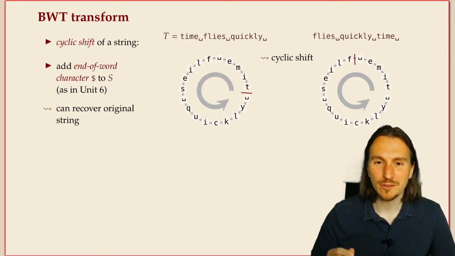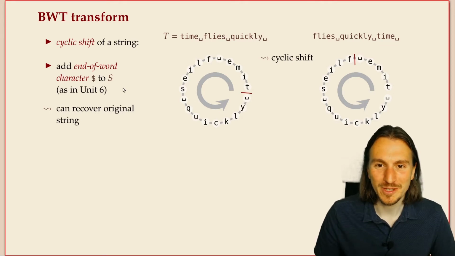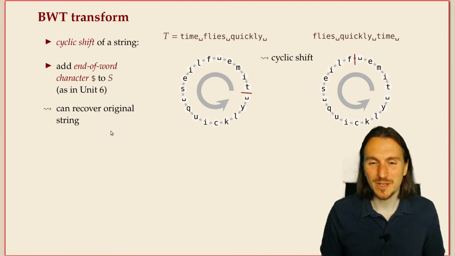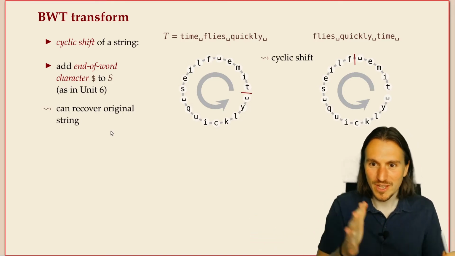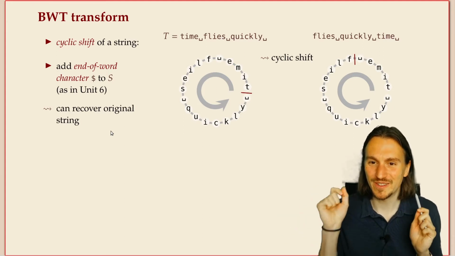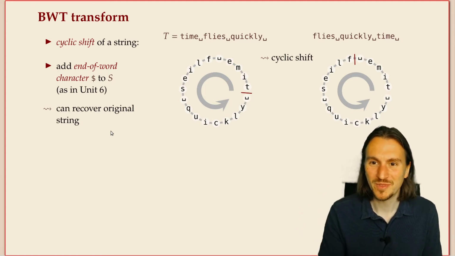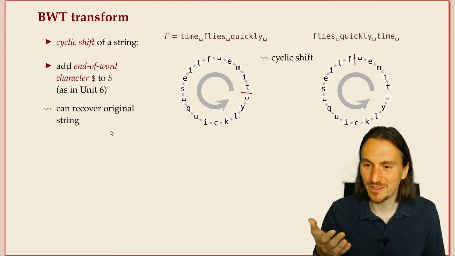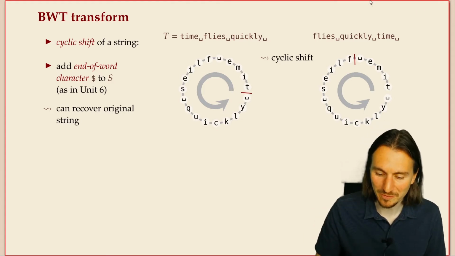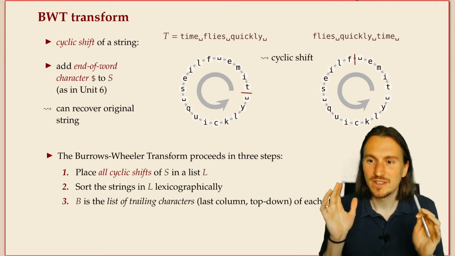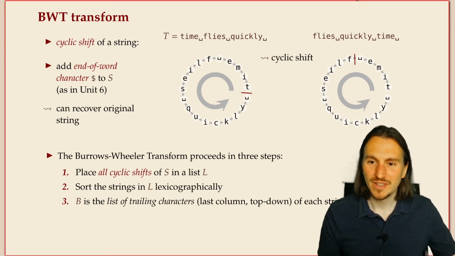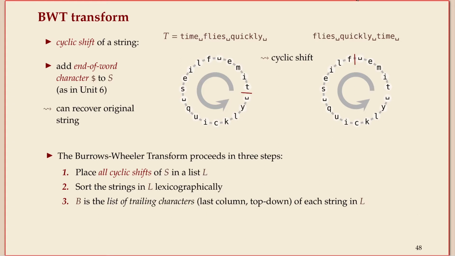If we add an end of word character, and you're by now familiar with these, then the cyclic shifts become invertible. I can always continue shifting until the $ sign is at the last position. So that's a convenient convention, and we will use this for BWT as well. So take a text, append the dollar character, and then the Burrows-Wheeler transform works as follows. You take all cyclic shifts of your text with the $ sign at the end.